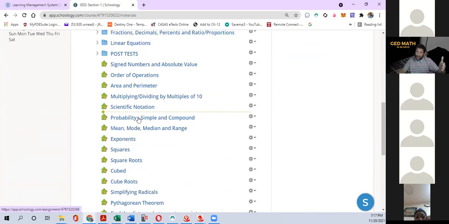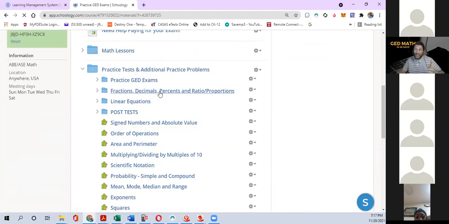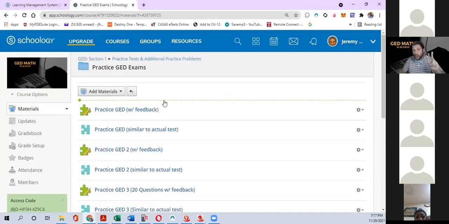You can practice on specific stuff, or you can actually take a practice GED exam. There are 2 types. The feedback one will give you your answer if you get it wrong and explain how to do it. The other is like the real test. You can't see what you did wrong, it just marks it, and then you get your score at the end.